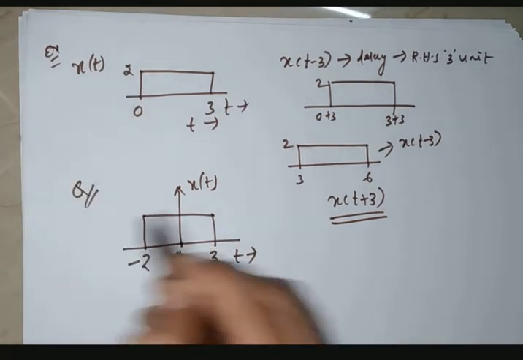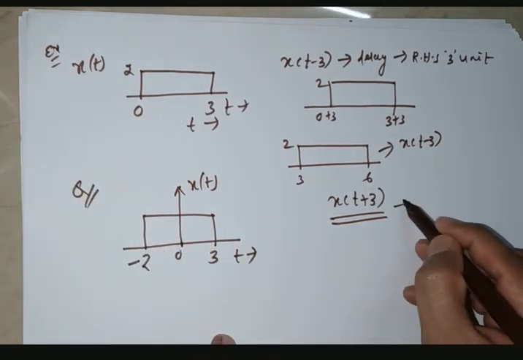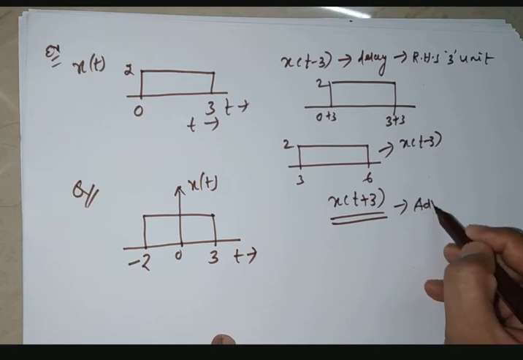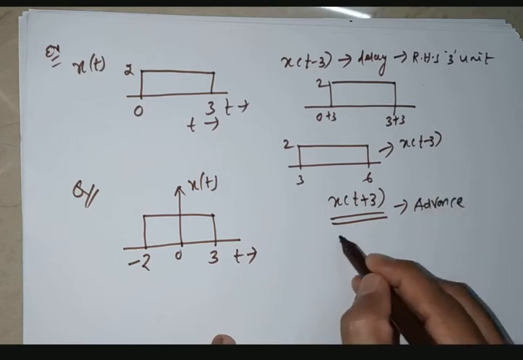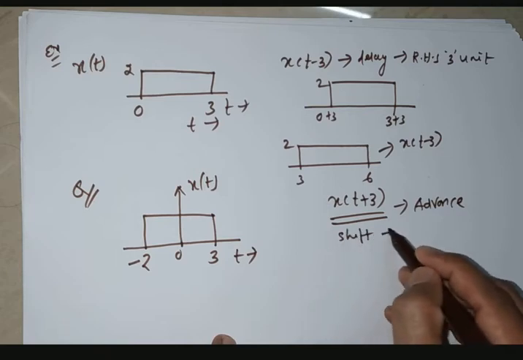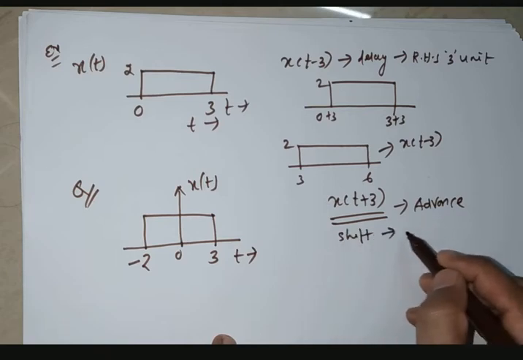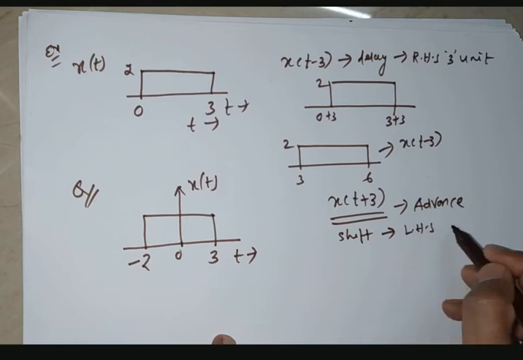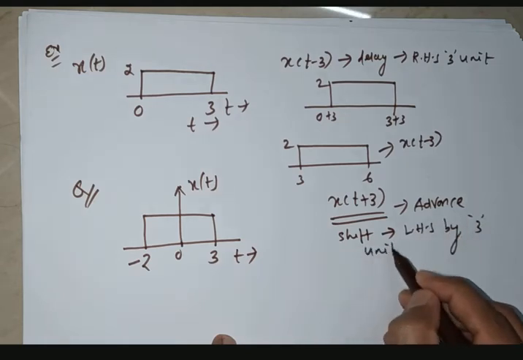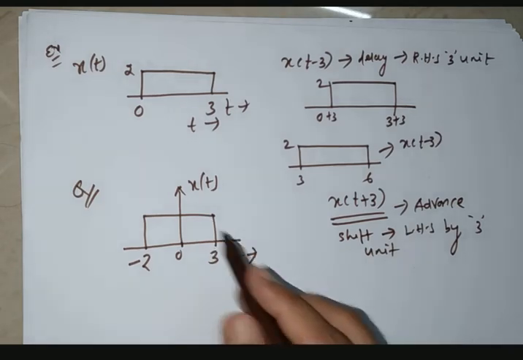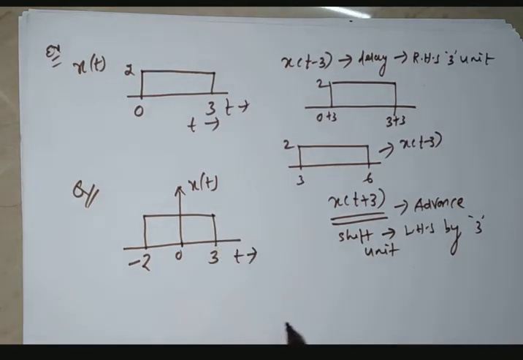This is x of t plus 3. t plus 3 means it is advance or delay? Advance. Advance means what will you do? Shift left hand side or right hand side? Already said it is left hand side by 3 units. Now shift it. Simple. This x of t, shift left hand side by 3 units. What will we get?